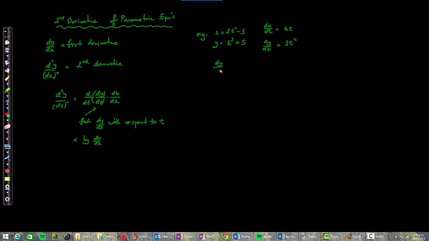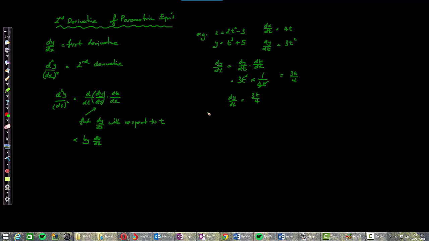So dy over dx, dy over dt times dt over dx. So dy over dt is 3t squared. dt over dx, the reciprocal of that, so 1 over 4t. Get a little bit of cancellation going on there. We end up with 3t over 4. It was just the t cancelling, not the 4 there. Okay, so here is our first derivative. Let's write that more explicitly.